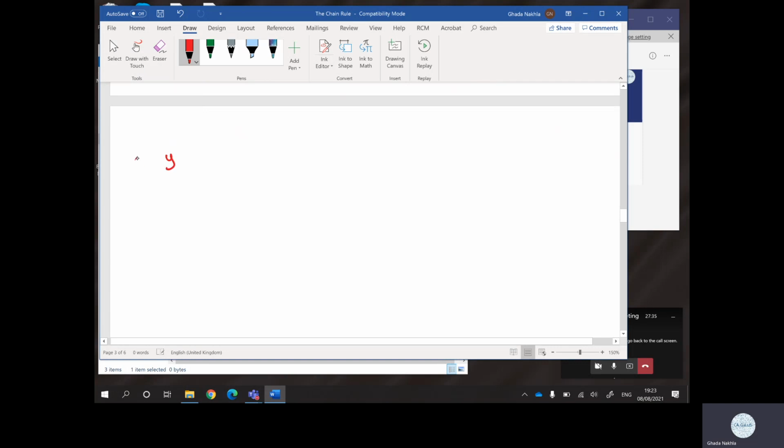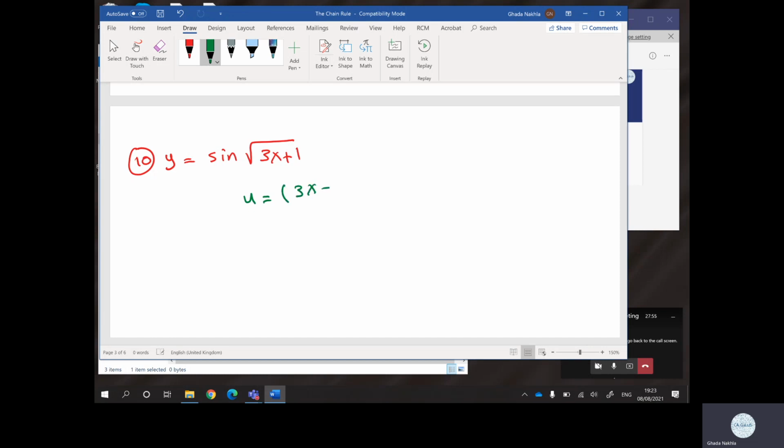In this case, I think it's question 10, and y is equal to sine of the square root of 3x plus 1. Okay, same as ever, let u equal the bracket, and in this case my bracket is equal to (3x plus 1) to the half. To the half means square root. So u equals square root 3x plus 1. Now it follows that y is going to be equal to sine u.